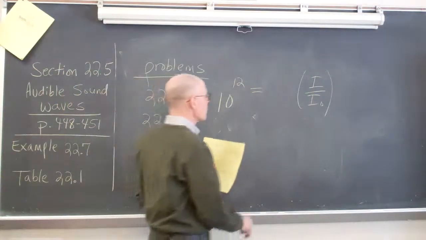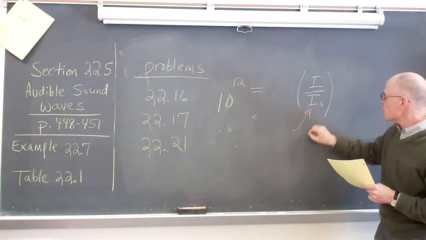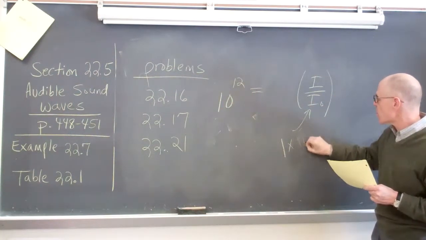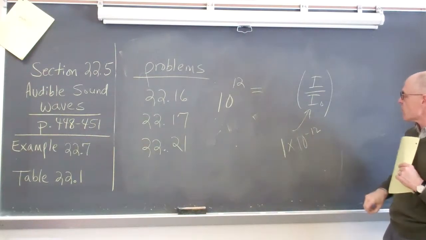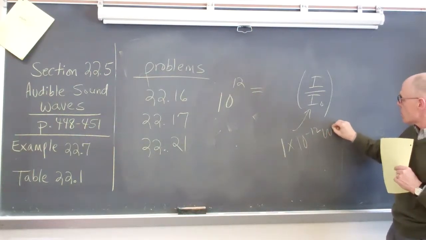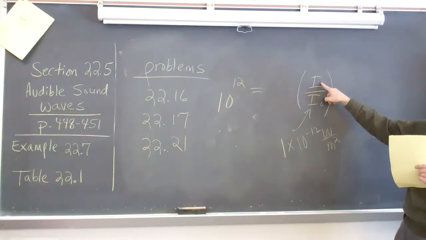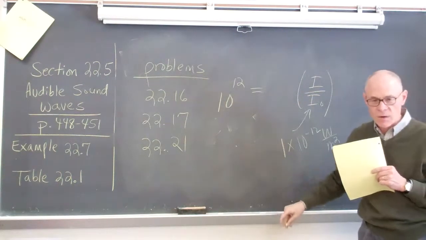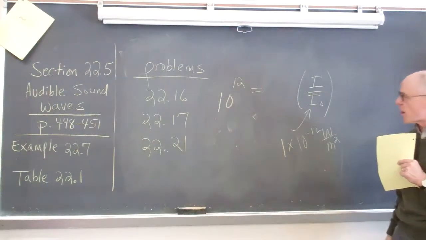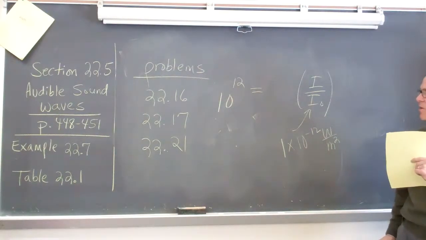Now all you have to do at this point is substitute in the 1 times 10 to the minus 12 watts per square meter, and then you just solve for I. I at that point is the only unknown. So that gives you some hints of how to go about that if you run across that kind of problem.